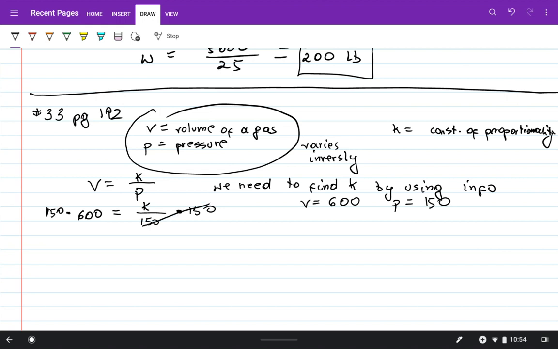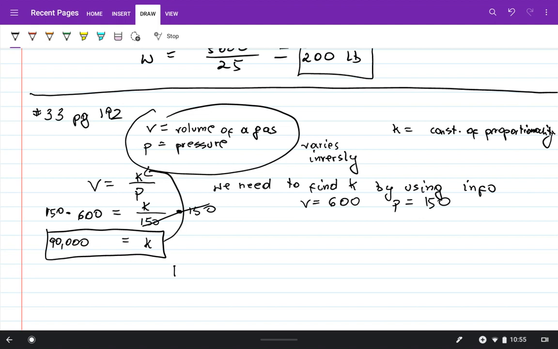That will cancel, and we end up with K, the constant of proportionality. It's 150 times 600, which will give you 90,000. Okay, so that's the constant of proportionality.